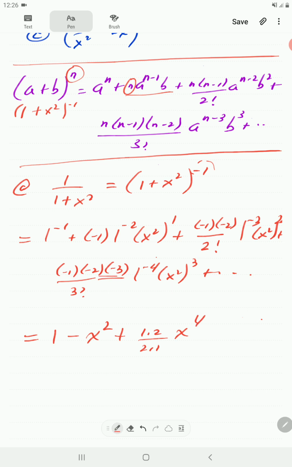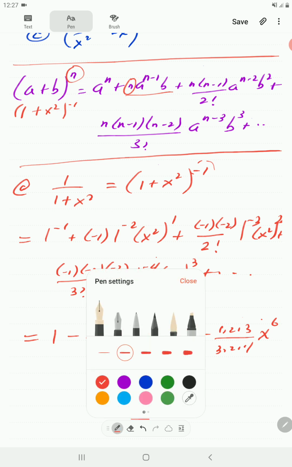Then the last term, there are going to be the 3 negatives we're multiplying here. So that means that term is going to be negative. Got 1 times 2 times 3 in the denominator. We have got 3 times 2 times 1. X squared cubed is x to the power 6.